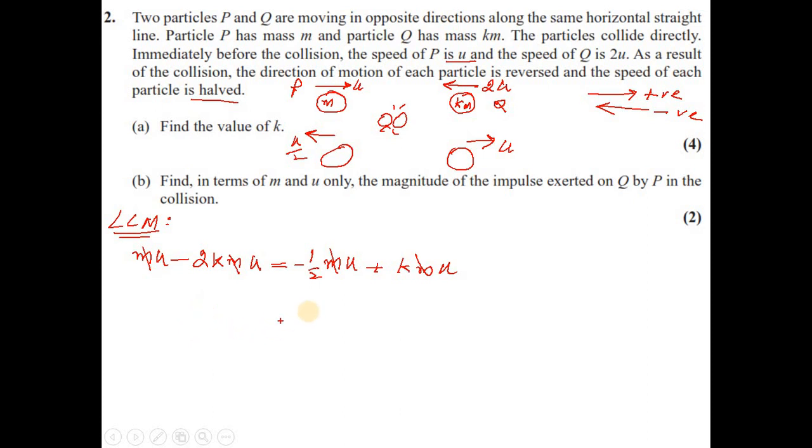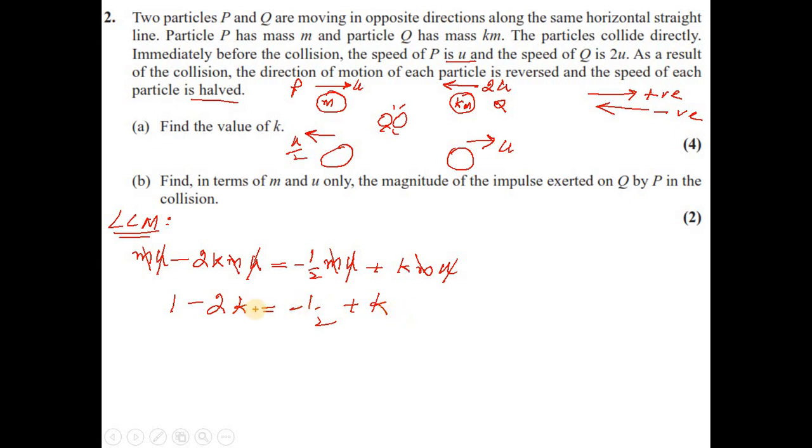So you have 1 minus 2k is equal to minus half plus k.